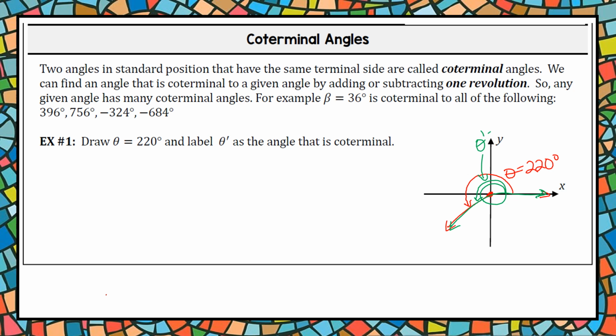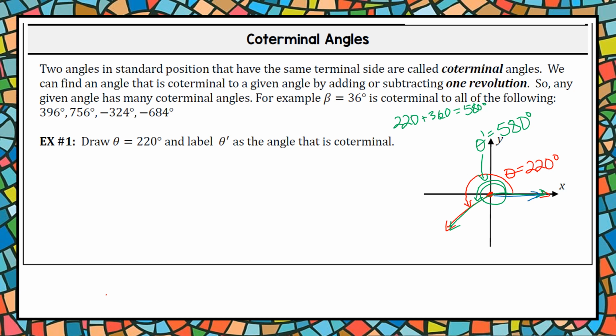I'm going to call that theta prime. That would still be positive. I'm going in the counterclockwise direction, but I'm going to add 360 to it. So I'd be doing the original 220 and adding 360 to it, which would give me an angle of 580 degrees. So that would be one angle that is coterminal. Another one would be by subtracting 360 from the 220, or in other words, going in the clockwise direction.